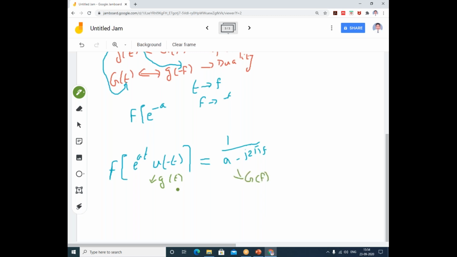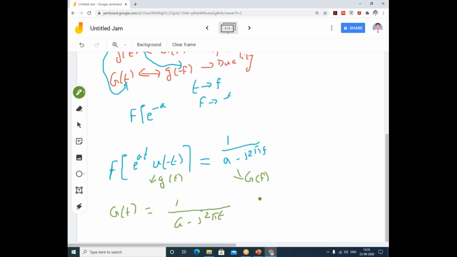Now what I am going to do is write capital G of t by replacing f with t. When you replace f with t, I am going to get 1 by a minus j2 pi t.